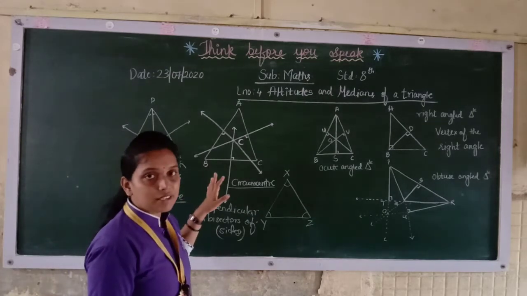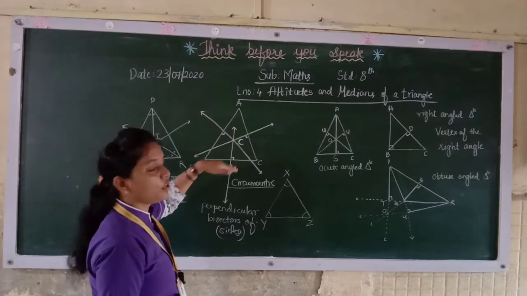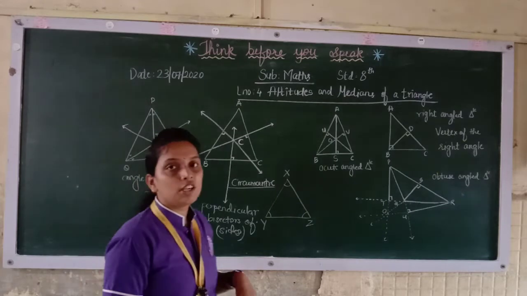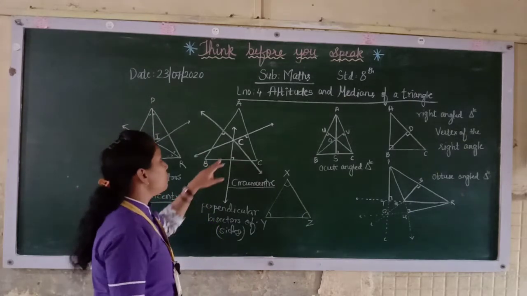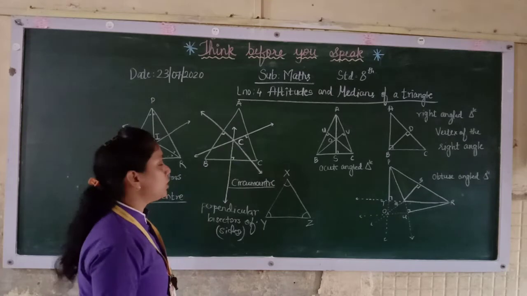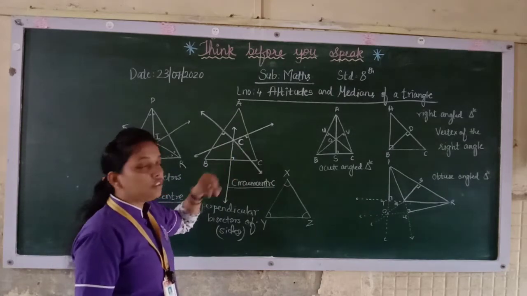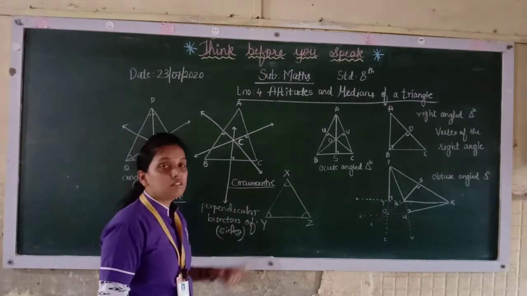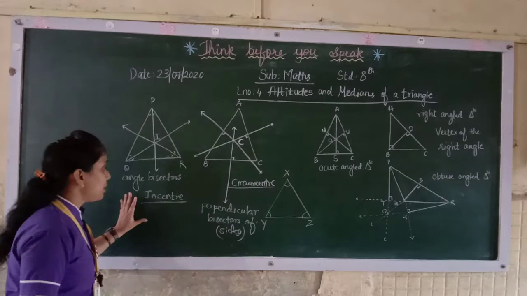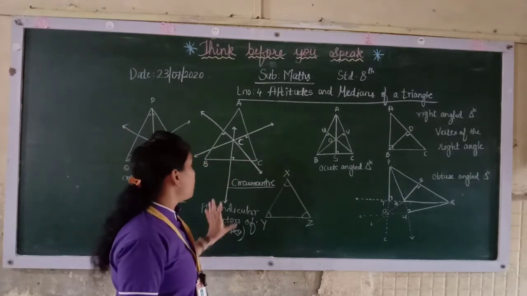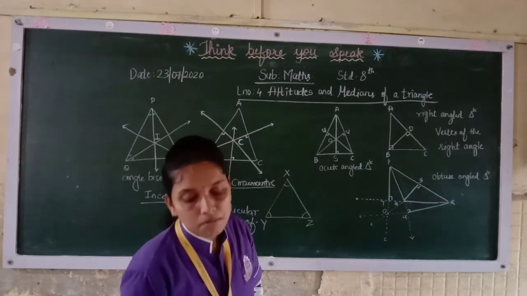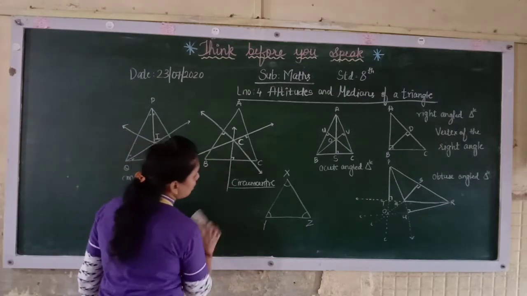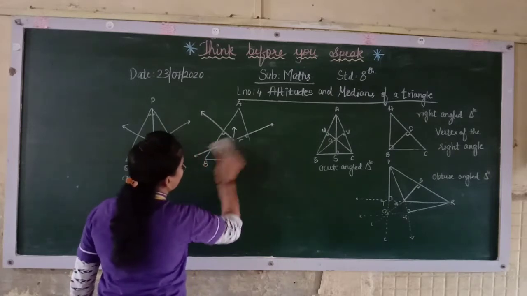When the perpendicular bisectors of the sides, there are three sides, so when you bisect all these three sides and draw the perpendicular bisectors for each of them, you will find that they too meet in the interior of the triangle, and the point of concurrence of these perpendicular bisectors is denoted as C. So C is known as the circumcenter. So angle bisectors, incenter. For perpendicular bisectors, it is circumcenter. This you must have done previously. So I hope you have recalled that.